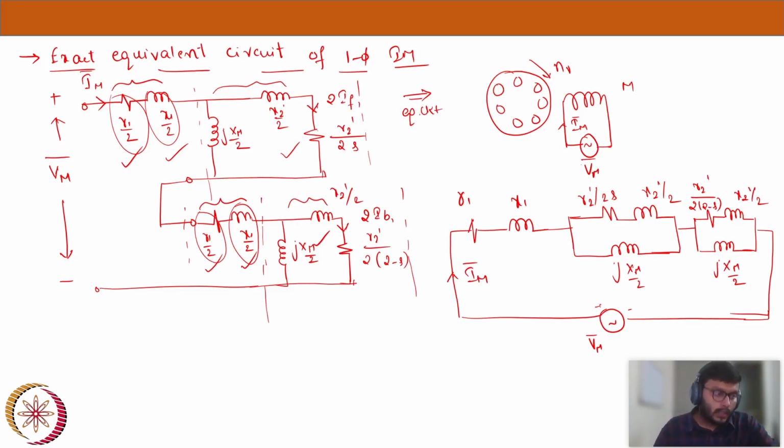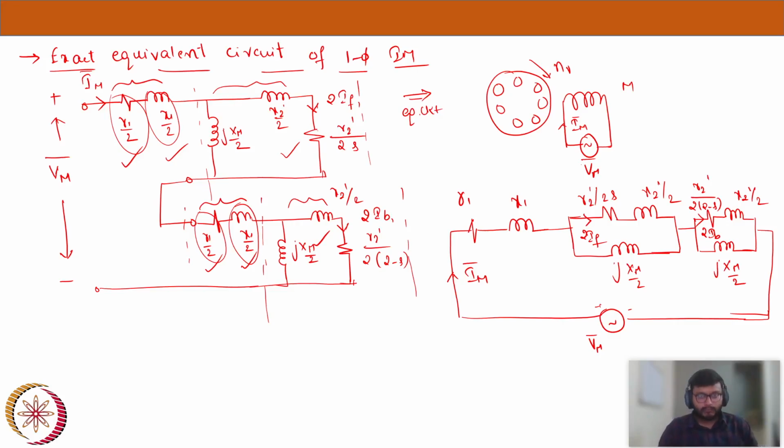You have to keep in mind that the currents flowing through the resistive part of our rotors, that is this is 2 IF, and this is 2 IB. So that is the negative sequence rotor current that is flowing, and this is the positive sequence rotor current that is flowing. Positive and negative represent the forward and backward fields here.